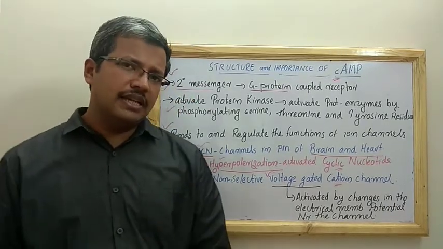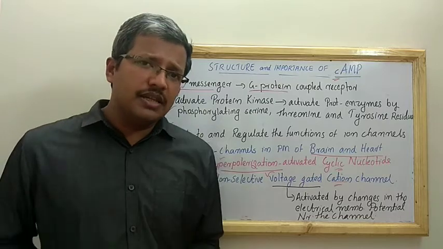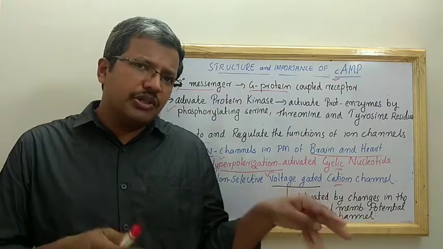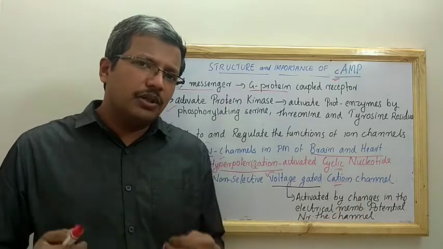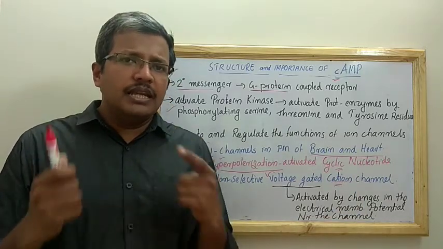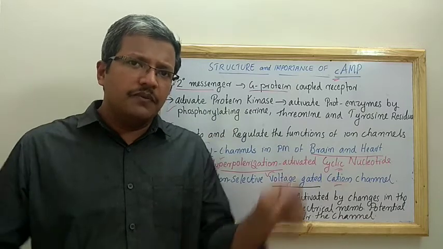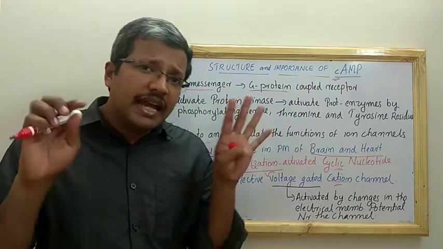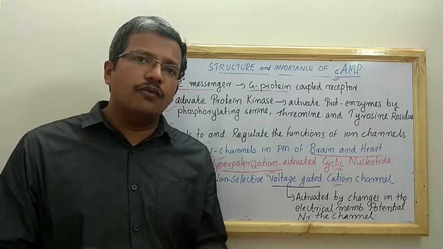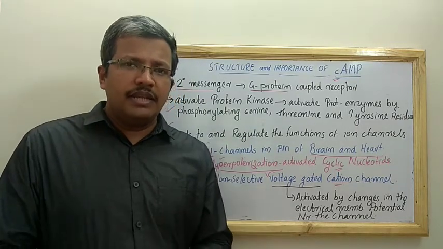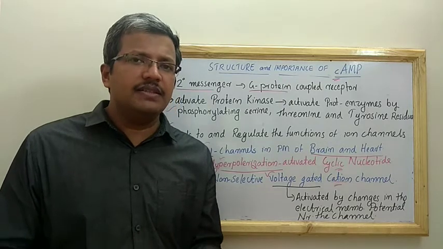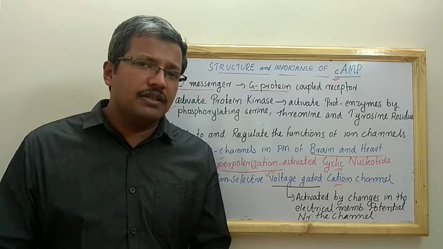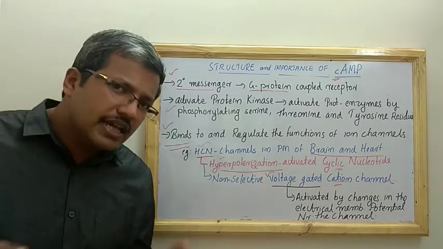This particular channel has a mechanism to get activated or deactivated based on the membrane potential, the electric membrane potential near this particular channel. So the electric membrane potential of the plasma membrane where these particular channels are is determining the activation or deactivation of the voltage gated channel. An example of a voltage gated channel is the HCN channel, which is nothing but the hyperpolarization activated cyclic nucleotide channel.